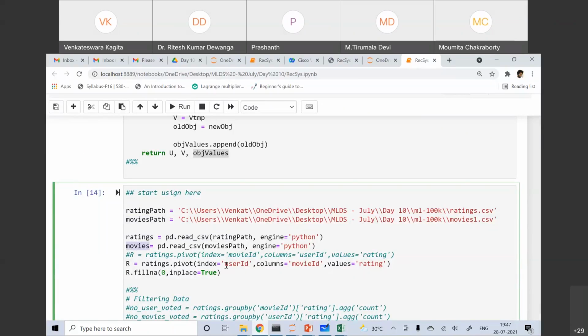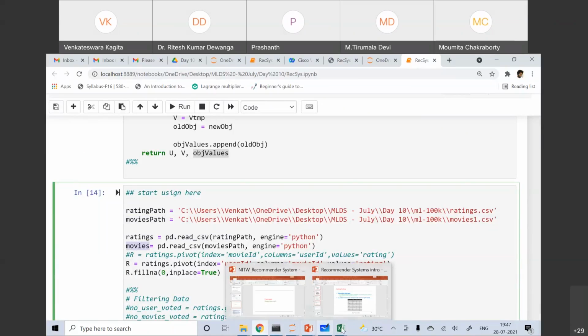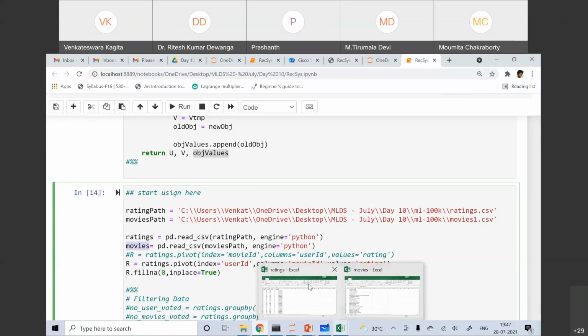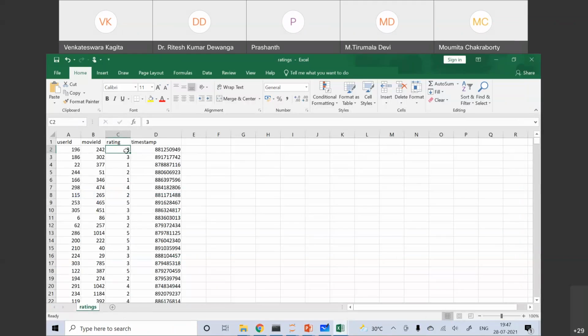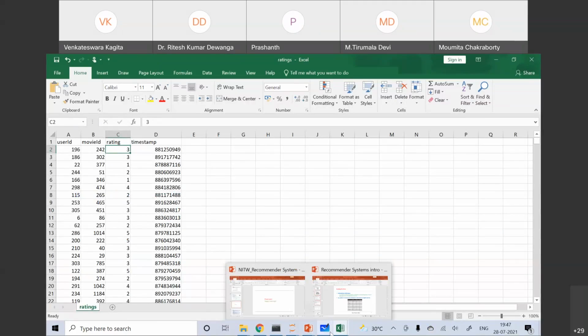It means you have triple column data: user ID, movie ID, and rating, and you are converting this into a matrix format. You define what is the row index, what is the column index, and what should be the entry. These are the three fields that you are passing to that function.